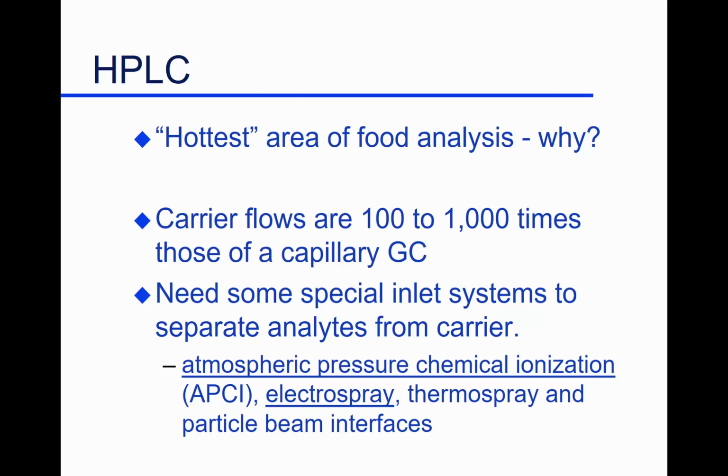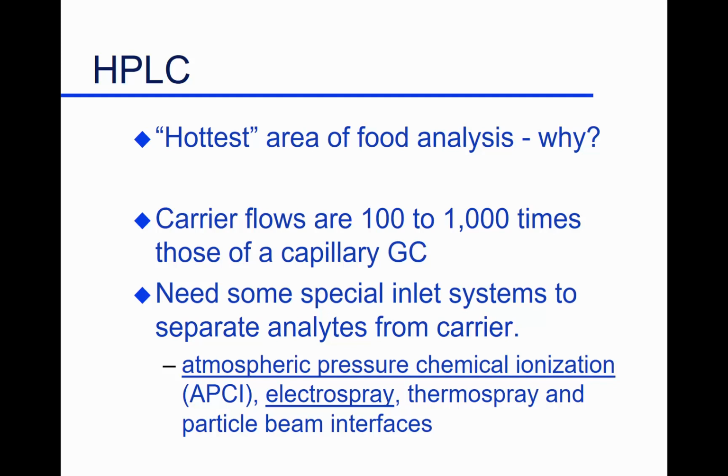The carrier flow is one of our problems, your mobile phase. When I talk about gas chromatography, I'm talking about 1 mL per minute of gas flow. Now, in liquid chromatography, what flows do you run through? But that's a liquid, which then changes into a gas as it goes into a vacuum.